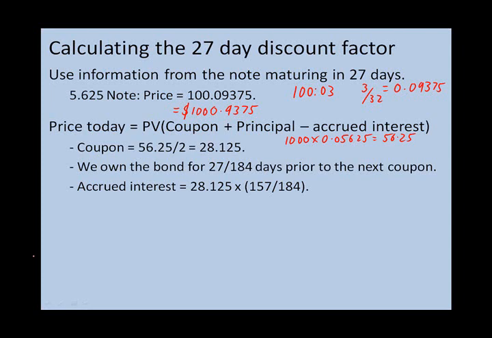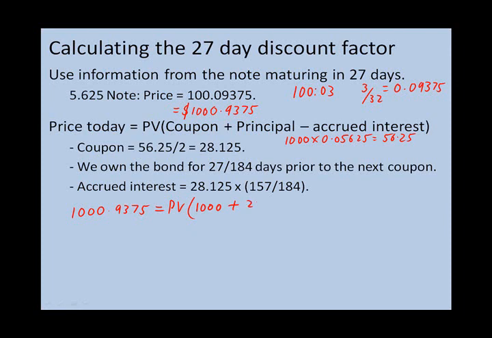Now let's see if we can calculate the discount factor. We know that the price today, 1,000.9375, is equal to the present value of the coupon plus the principal minus the accrued interest. Well, the principal is easy. That's going to be $1,000. Plus, well, how much do we get of the coupon payment?